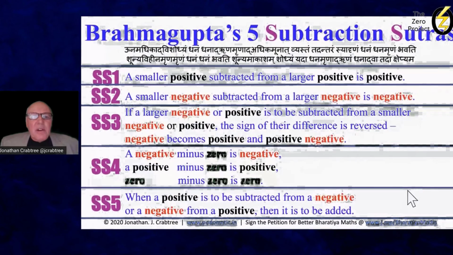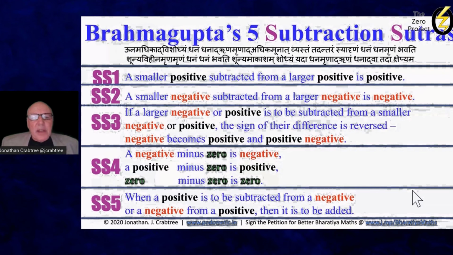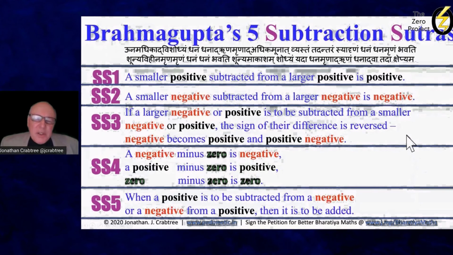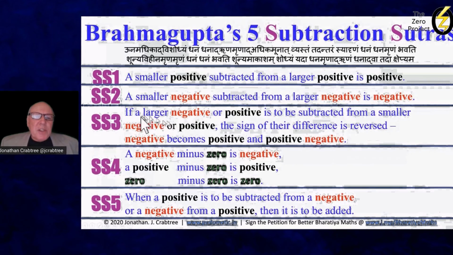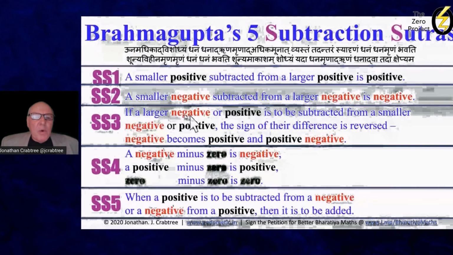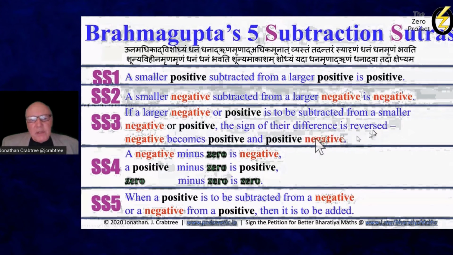We can see that there are also the subtraction sutras. We can see that one of the most contentious differences between Brahmagupta is subtraction sutra number 3. If a larger negative or positive is to be subtracted from a smaller negative or positive, the sign of the difference is reversed.